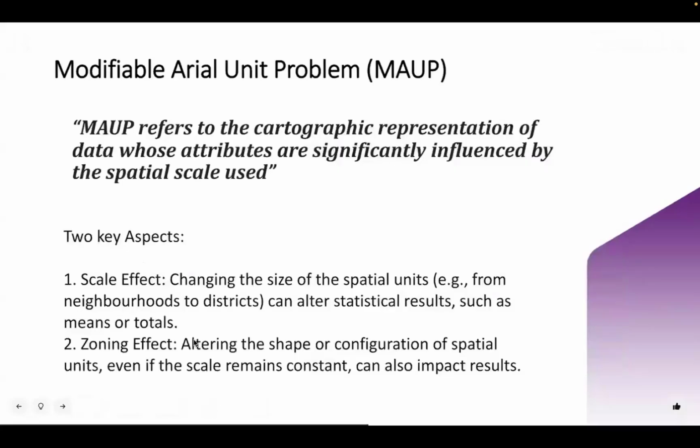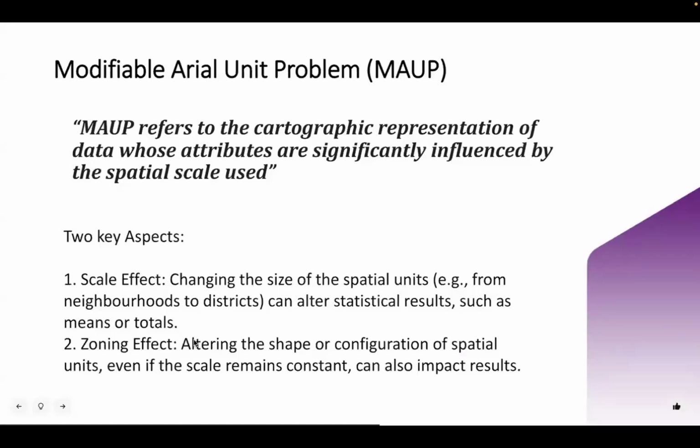So let's talk a little bit about what this problem is. This simply refers to the cartographic representation of data whose attributes are significantly influenced by the spatial scale used. In more layman's terms, it's basically saying that the same basic data can yield different results when aggregated differently.